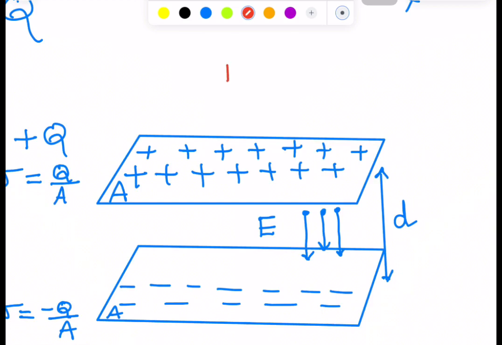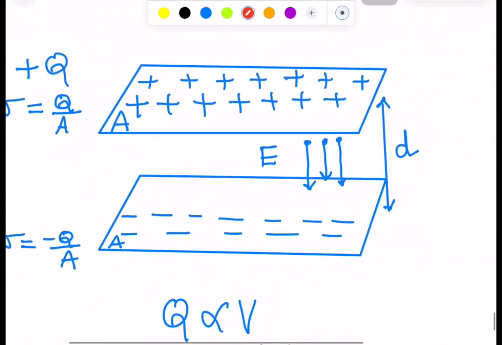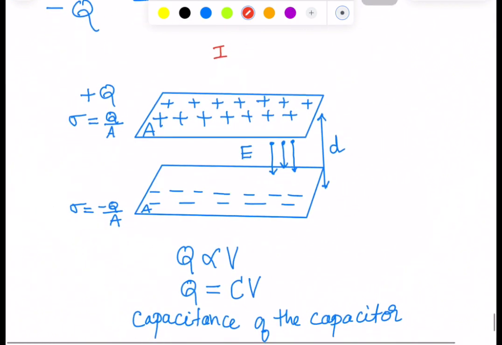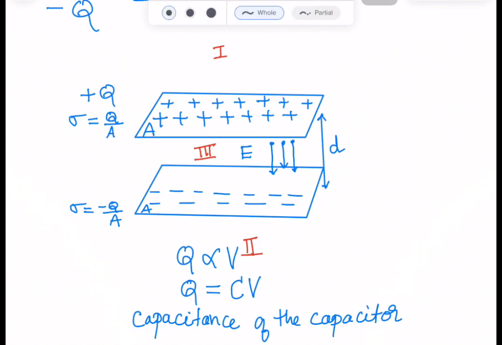One is the space above the positively charged plate. Another is the space below the positively charged plate. And another is the space in between the parallel plates.